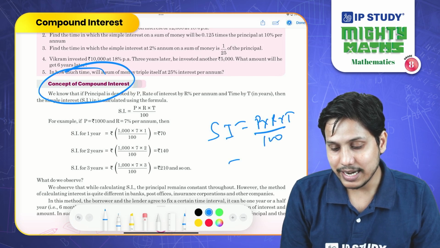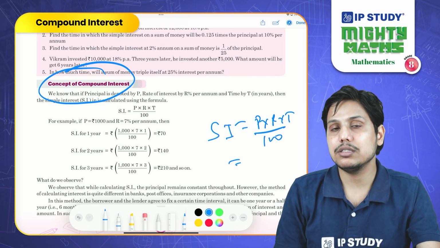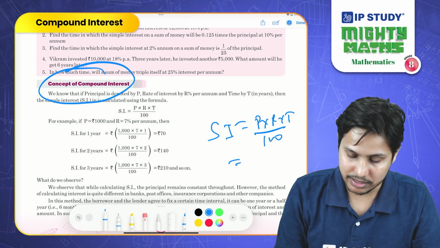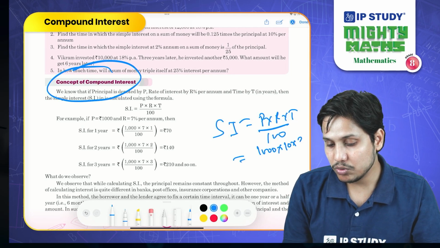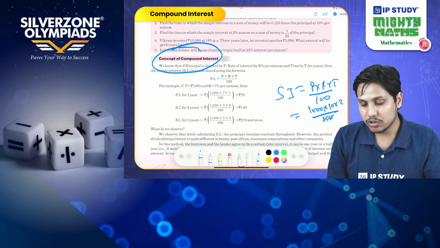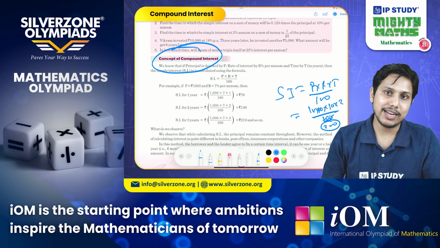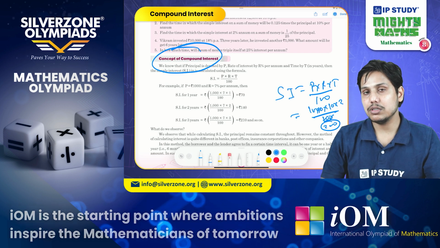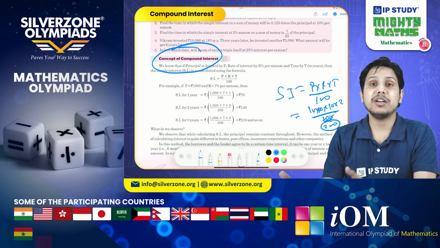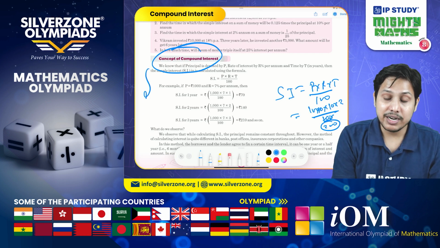So the total interest, that is the amount other than the principal amount that the giver will receive, is 1000 times 10 times 2 over 100, and if we solve this, we will get 200. It means 200 rupees will be the extra amount paid by the debt taker to the giver. Yes, so this was the simple interest that we know.